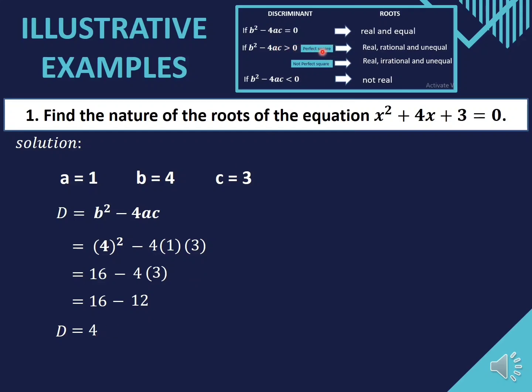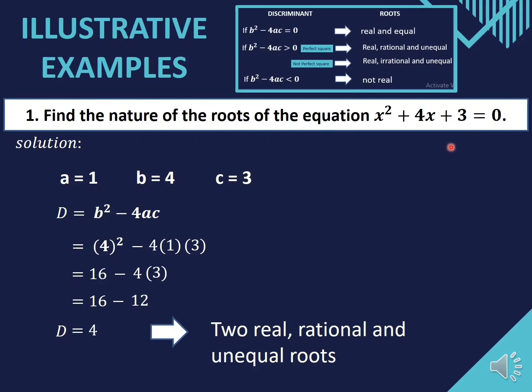Since this is a perfect square number, how will you determine the nature of the roots? Very good. The nature of the roots of this equation, x squared plus 4x plus 3 is equal to 0, are real, rational, and unequal roots. This is it: real, rational, and unequal roots.